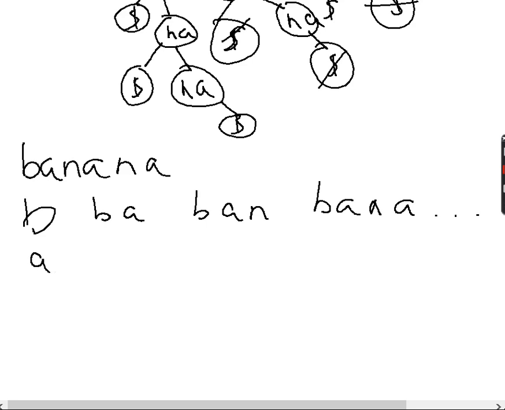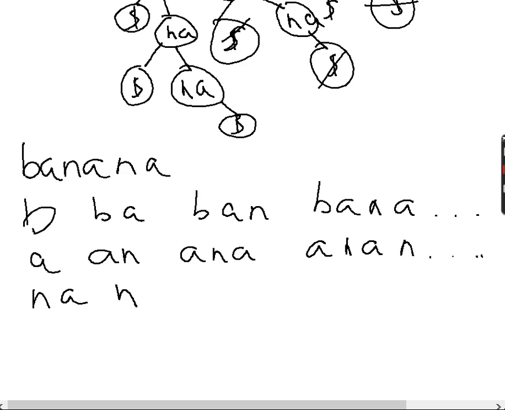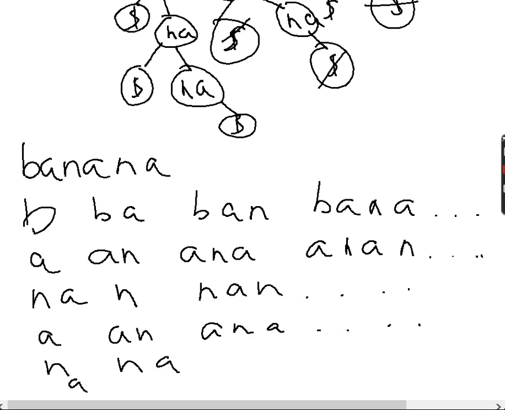And it could be A, it could be AN, it could be ANA, and so on. And it could be NA, and so on. And so these are all the substrings of the text.